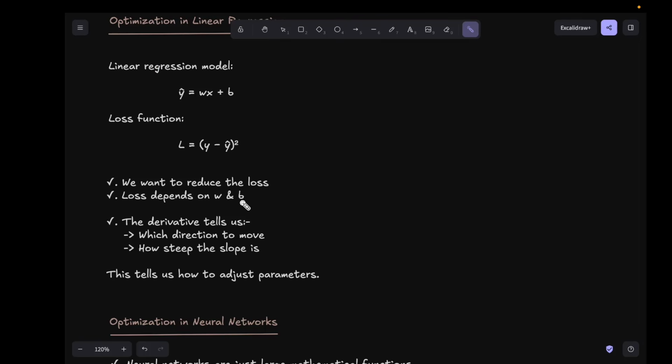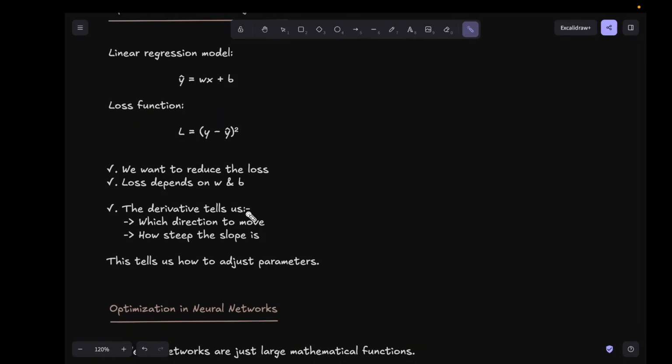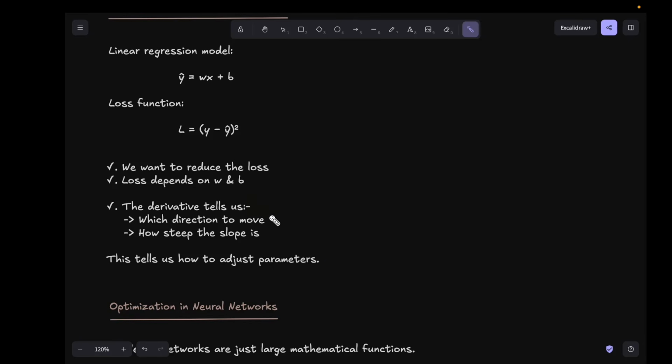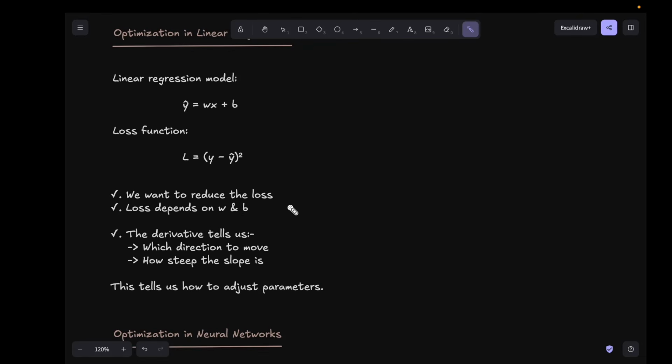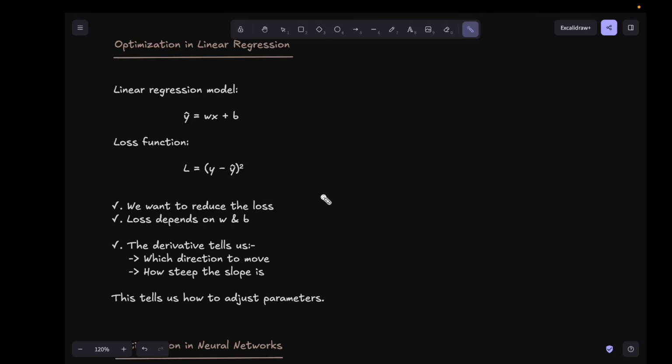The derivatives of the loss with respect to w and b tell us which direction to move and how steep the slope is. So they tell us how to adjust the parameters.